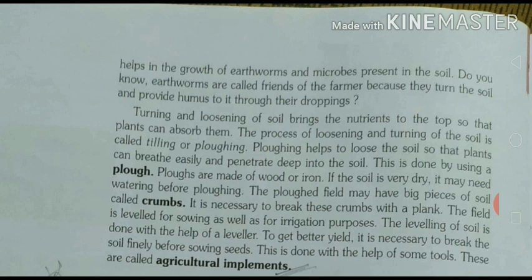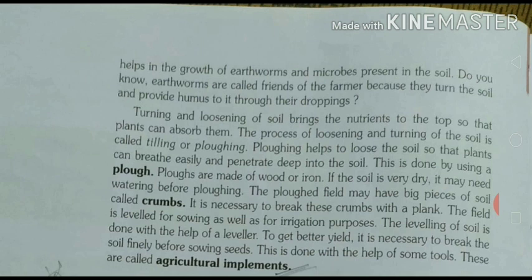What is humus? Humus is a dark organic material that forms in the soil when plant and animal matter decays. Number 4, plowing also uproots and buries the weeds.